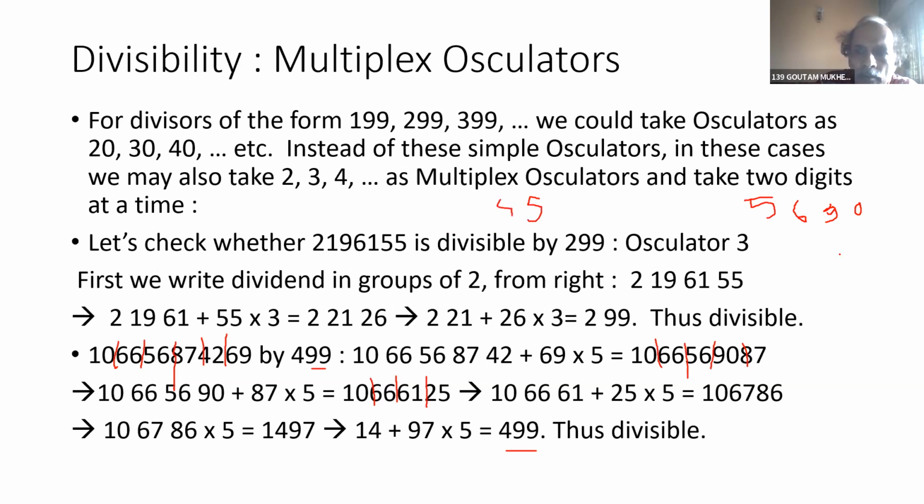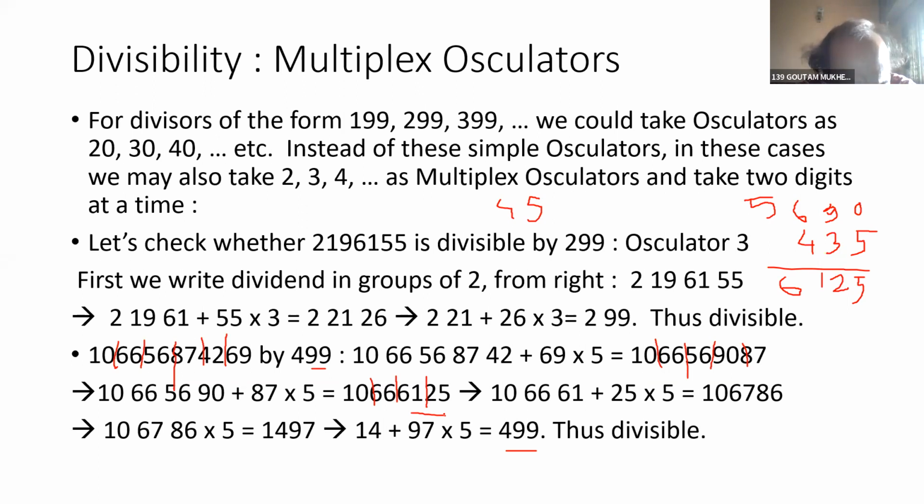So 435. Yes. 1066 is common. Now 5690 plus 435 becomes 6125, isn't it? That is correct.